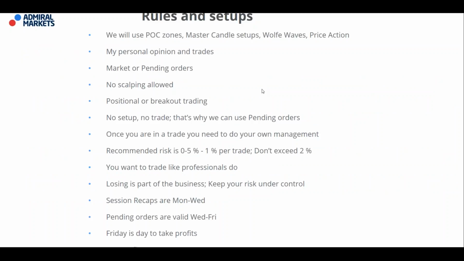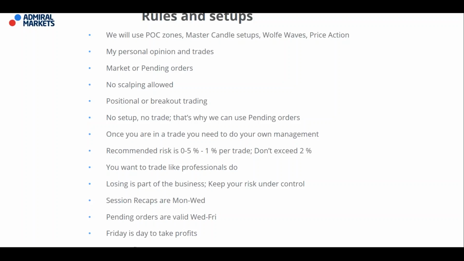Rules and setups are, of course, following our price action trading school. So we will use POC zones, master candle setups, wolf waves, price action in general. We will see what are the best zones to place trades and where to put entries.